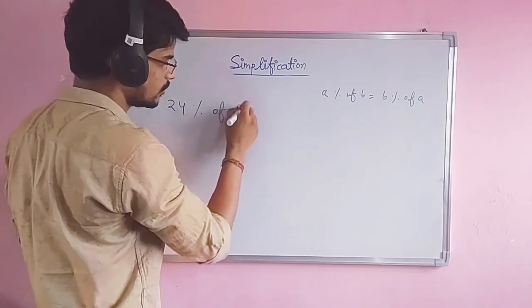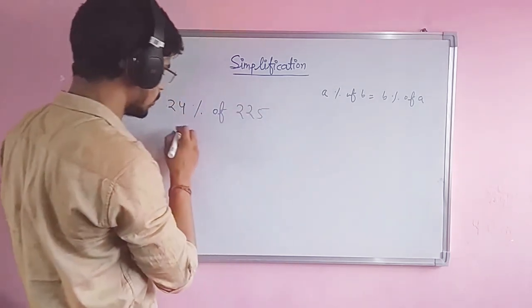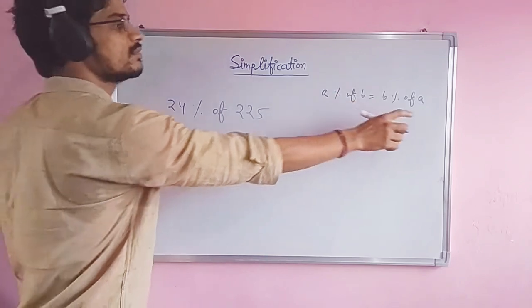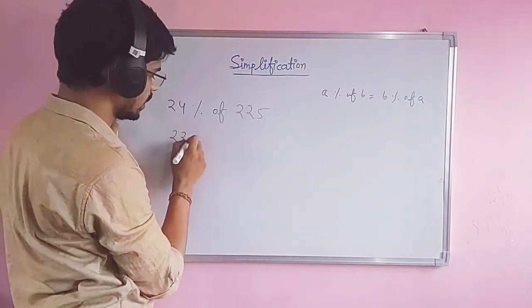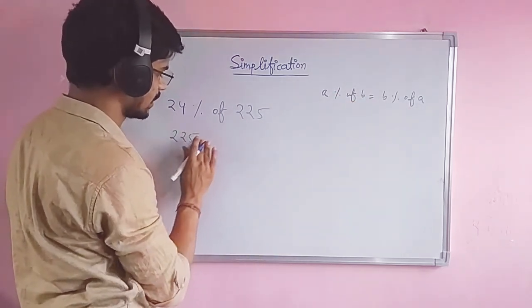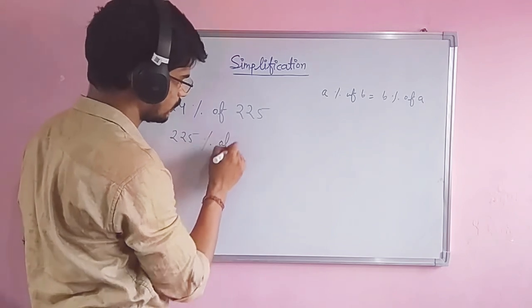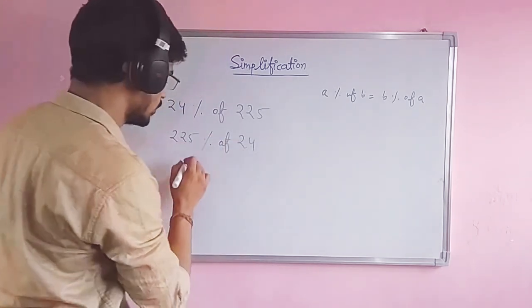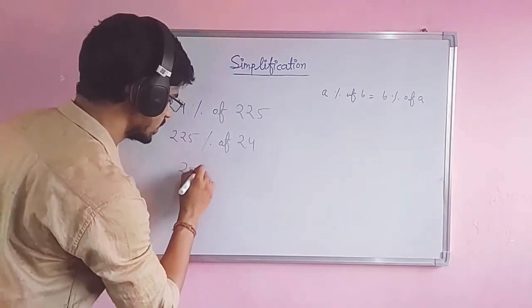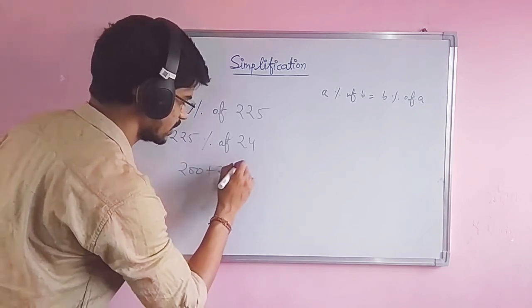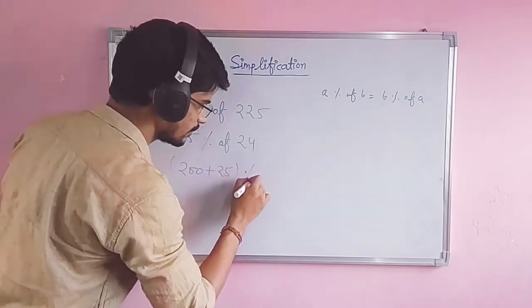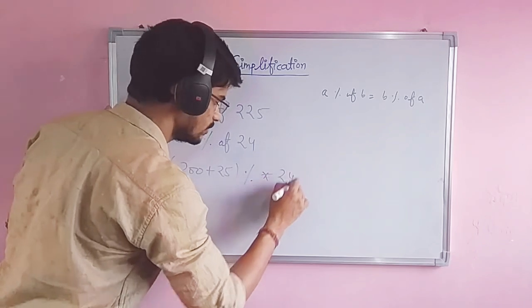24% of 225. Now we write it in this form: 225 percentage of 24. 225 is 200% plus 25%. Clear? Multiply by 24.